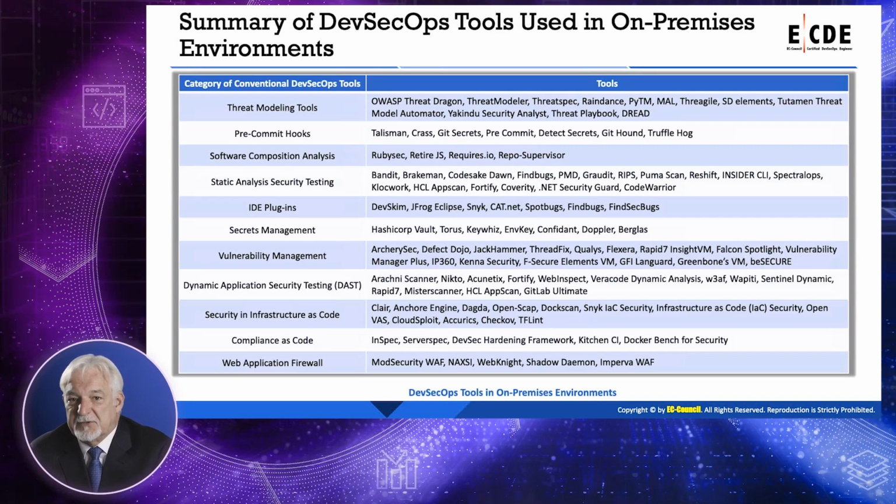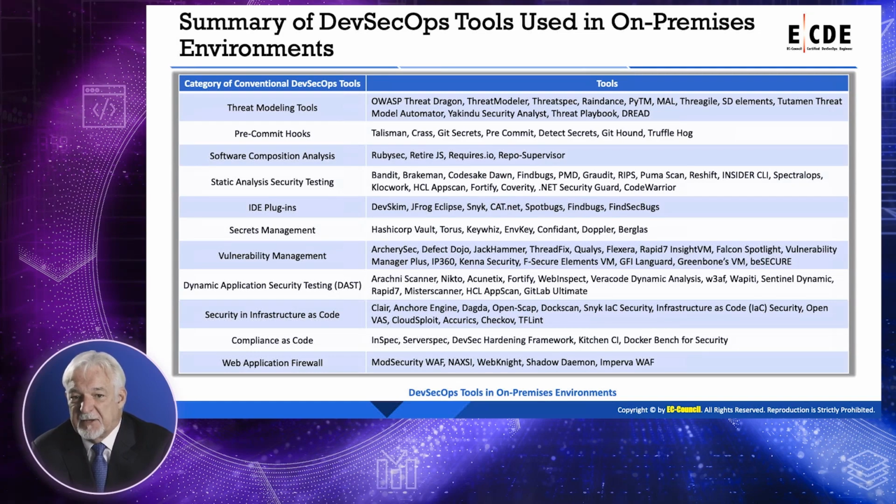You can run scans using Talisman, git-secrets, pre-commit, detect-secrets, etc. The software composition analysis tools include RubySec, Retire.js, Requires.io, and Repo Supervisor. Static analyzers include things like Bandit, Brakeman, Codesake, FindBugs, PMD, Checkmarx. IDE plugins, security tools there are DevSkim, JFrog, Eclipse, Snyk, Cat.net, SpotBugs, etc.